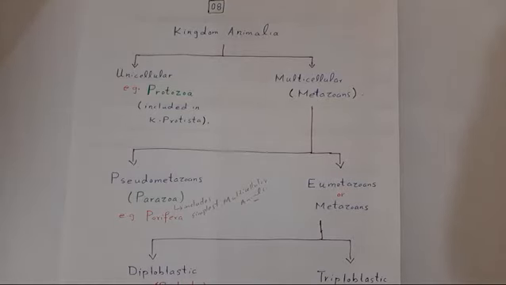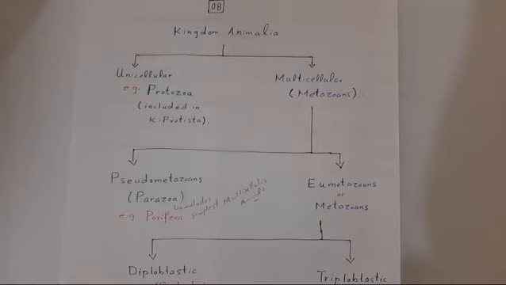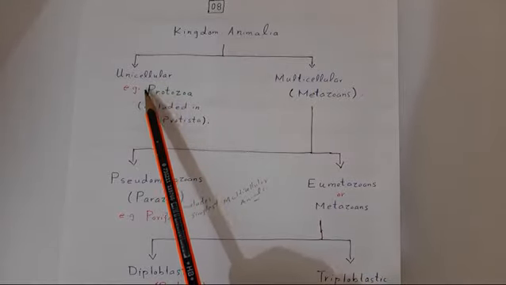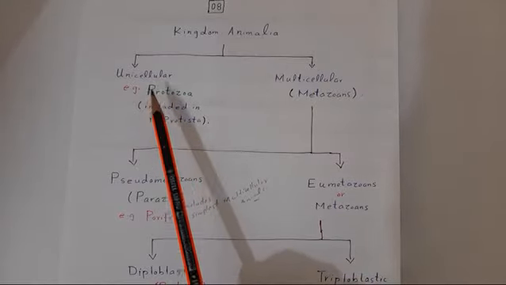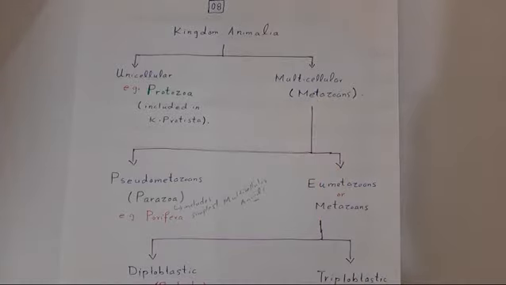Dear students, in this lecture, I will explain an overview of the classification of kingdom Animalia. As earlier in the very first lecture, we studied that the kingdom Animalia is traditionally divided into two groups, that is the protozoa and metazoa or metazoans, right?